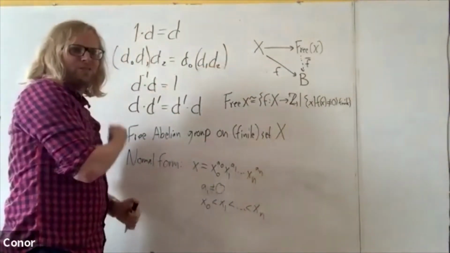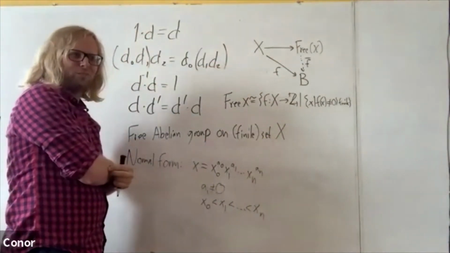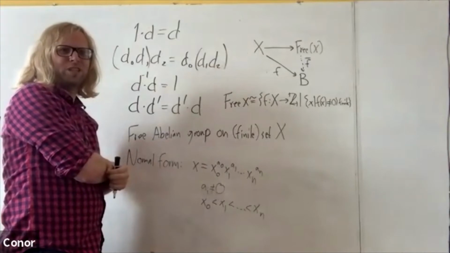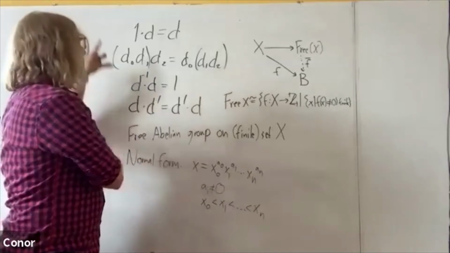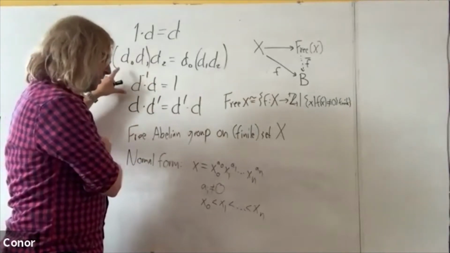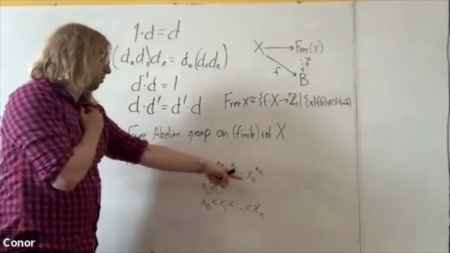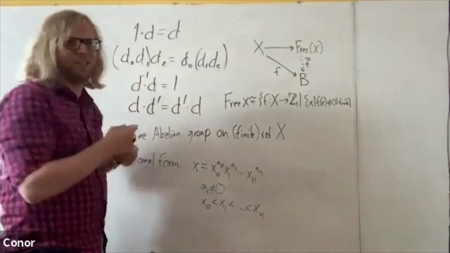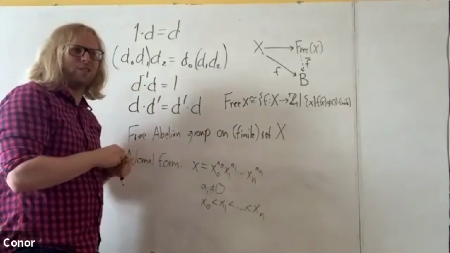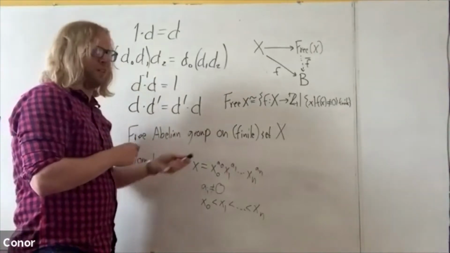But when we implement these things in a computer, we will have an order because terms are just bit strings, so we can order them. And if we represent these elements in our computer, then we can always reduce to this normal form and just compare the normal forms rather than trying to be clever with these equations and apply them in the right way to see if things are equal or not. Just reduce to normal form and compare.